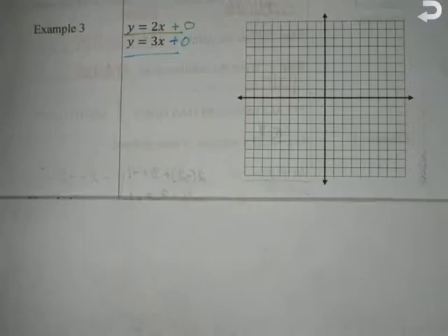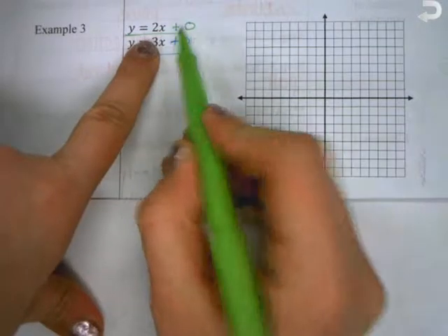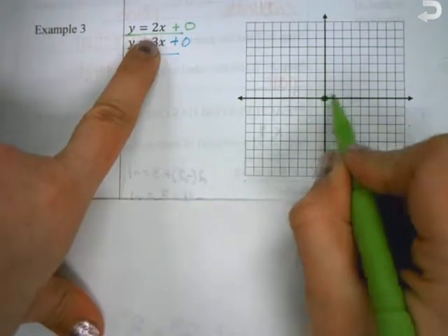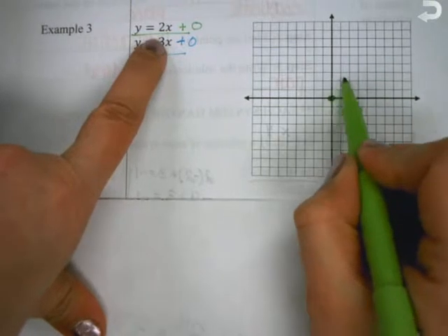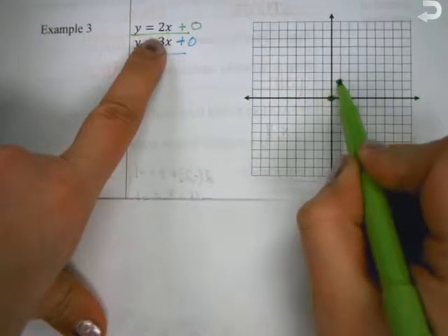Alright. So, the y-intercept of the green one is 0, so we're just going to put a point at 0, 0. My slope is 2, so I'm going to go up 2 and over 1. And then from that point, I'm going to go up 2 and over 1. Okay, so there's my line.